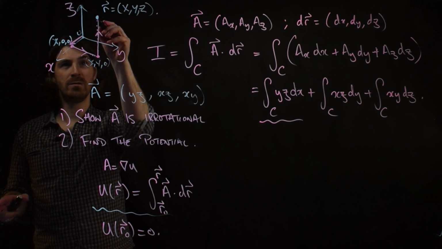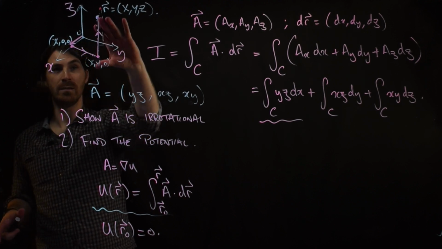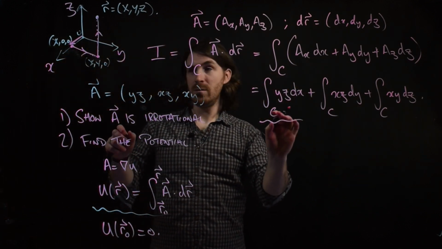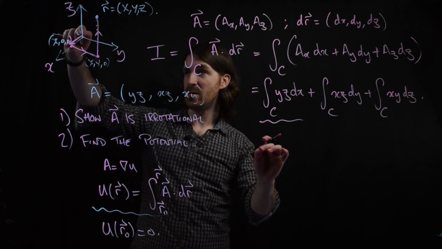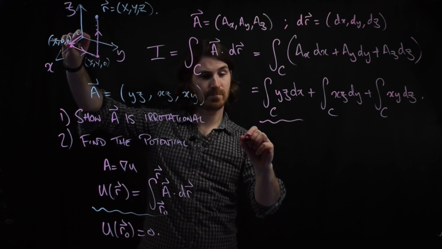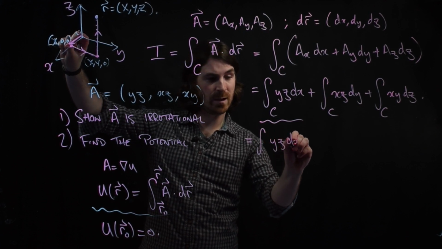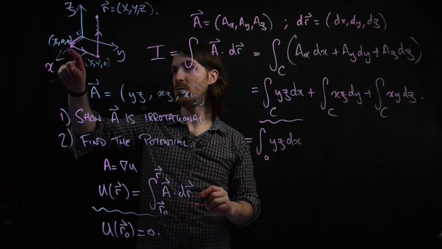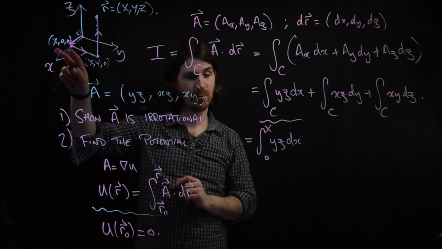And from this point to this point, x doesn't change either. Okay, because it's only z that's changing along this bit. So this integral along the full curve is given by just the integral along this section of the curve. So this is the integral of yz dx from the origin, x equals 0, to the value of x equals big X. Okay?